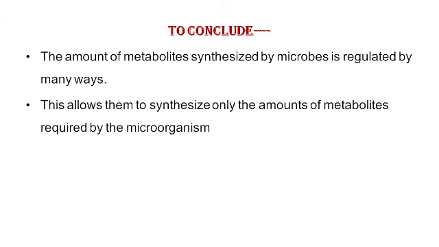So the microorganism is very choosy. It knows how to monitor the amount of metabolites, and so it will produce the metabolites only in amounts that are required by the microorganism.